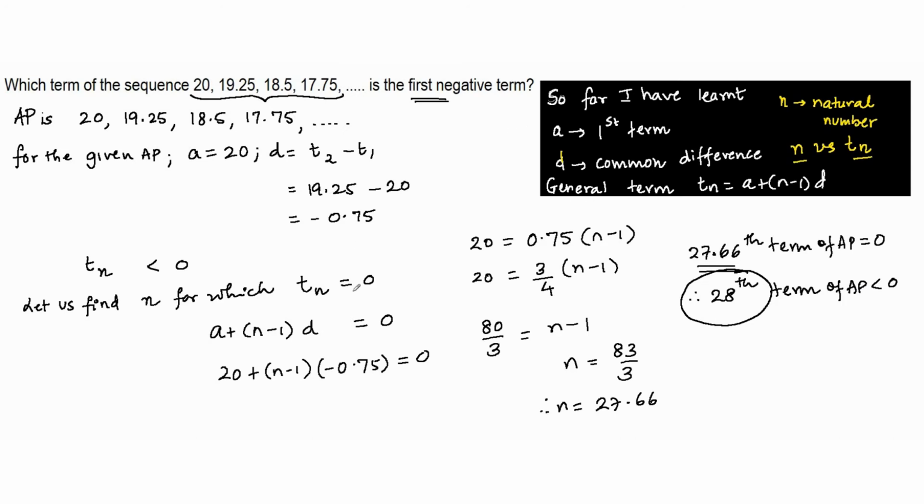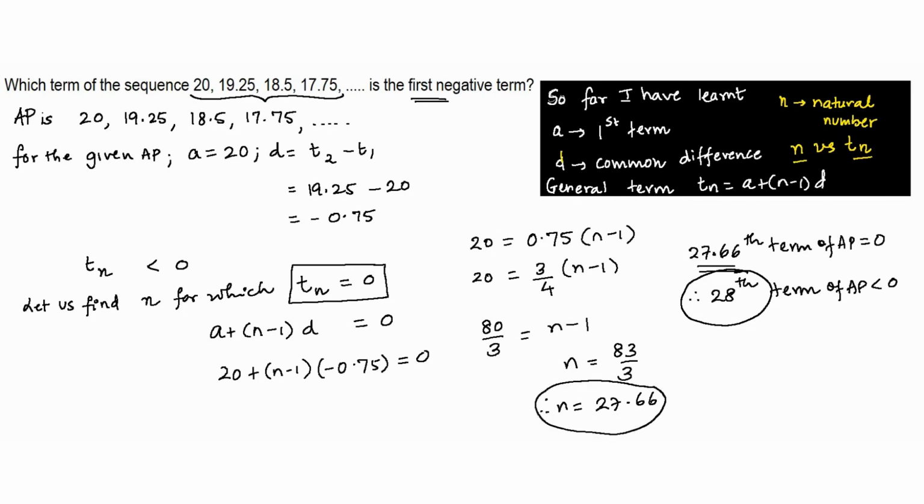So the idea that we adopted here was, we found the value of n for which the nth term was 0, and then we took the next natural number which was beyond that particular value of n to be the answer. So n equals 27.66.